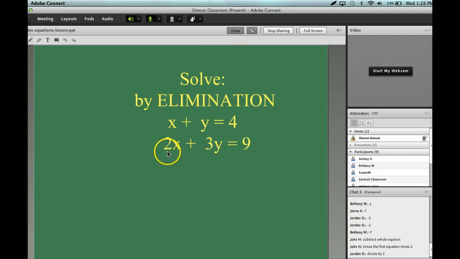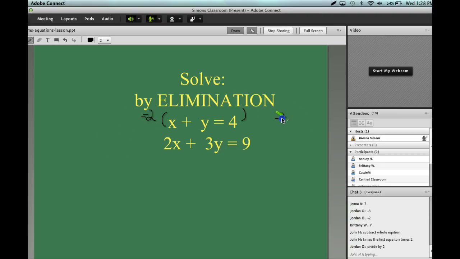Could divide by 2. What about this? What about if I multiplied this top one by a -2? All right?